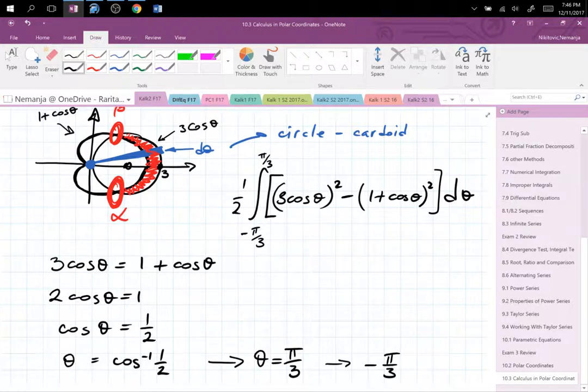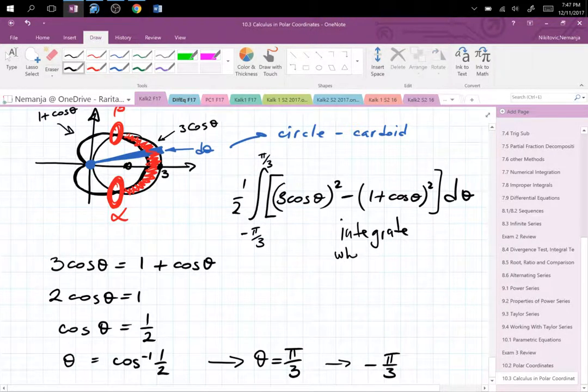We only have 3 minutes left, so I would rather set up another problem than actually work this out. So I'm just going to say integrate home. No, not home.